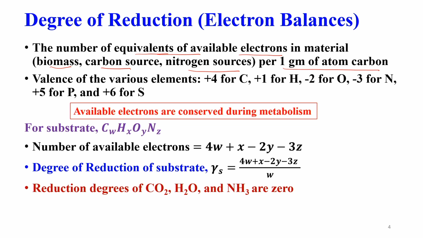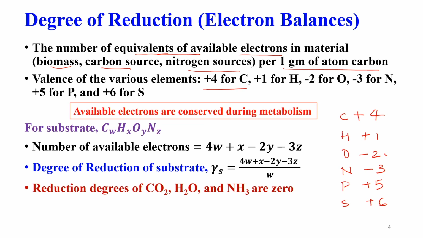We consider the balance of each atom in the electron balance. For carbon we consider plus 4, hydrogen plus 1, oxygen minus 2, nitrogen minus 3, phosphorus plus 5, and sulfur plus 6.